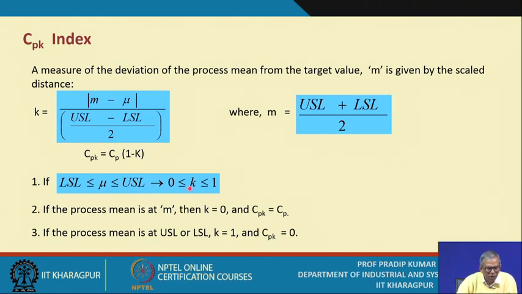So, if it falls on USL or LSL, the value of k could be 1, or the value of k could be 0. If it is 0, that means the process is centered. That means m is equal to mu. Is it okay? So, k becomes 0.